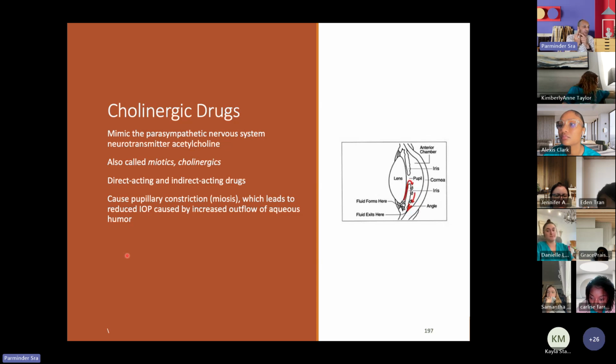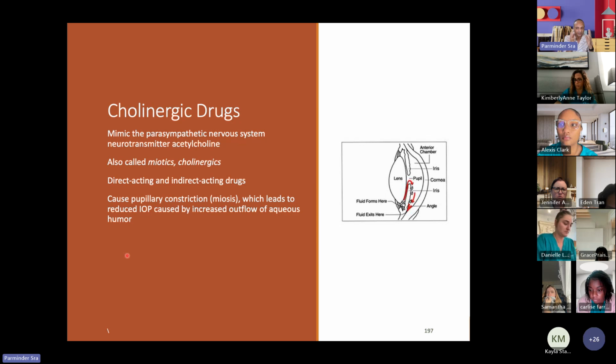Some drugs will reduce the production of aqueous humor, because the water in the eye is not draining, and if it keeps building up, the intraocular pressure will increase, right? So either we decrease the production of aqueous humor, or we increase the outflow, push it out, so there is less. Or some drugs like timolol do both, reducing the production as well as increasing the outflow. So cholinergic drugs increase the outflow, leaving less back there, decreasing the intraocular pressure.